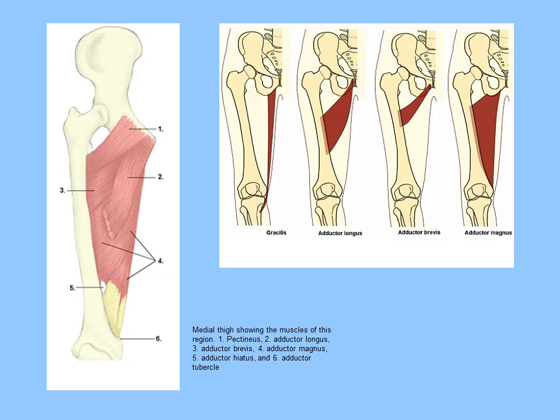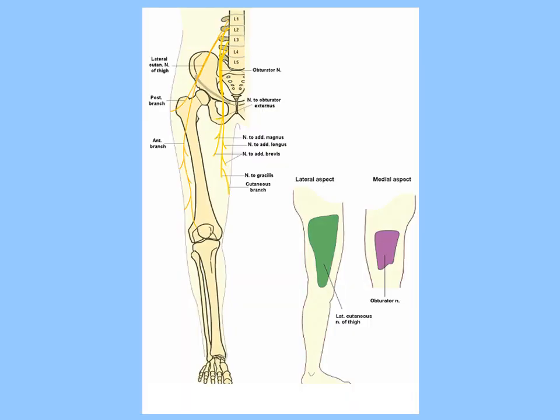The obturator nerve not only provides motor to these muscles, it also provides sensation from the medial thigh. So here is a graphic showing that obturator nerve, starting at L2, L3, L4, going through the pelvis, through the obturator foramen, and then innervating motor to those adducting muscles of the thigh.